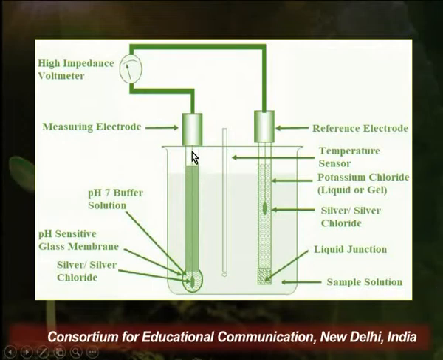So when this entire measuring electrode is placed in a sample solution, there is a change of voltage taking place, and this change in voltage is measured by a voltmeter. This voltmeter measures even a very minuscule amount of change in the voltage, and gives us the reading of the change in the voltage, and it is displayed in terms of pH.